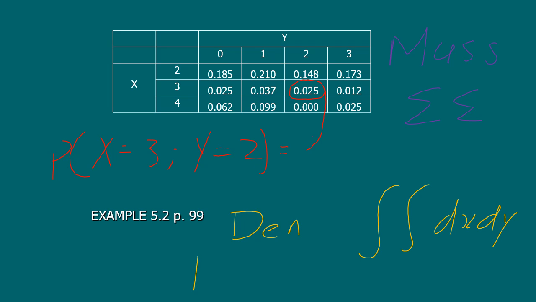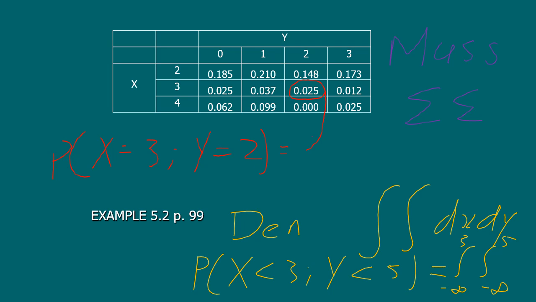So in a density, you would end up with a question something like X less than 3, Y less than 5, for example. And you would then need to integrate depending on where X starts. Let's just say minus infinity to 3 and minus infinity to 5.